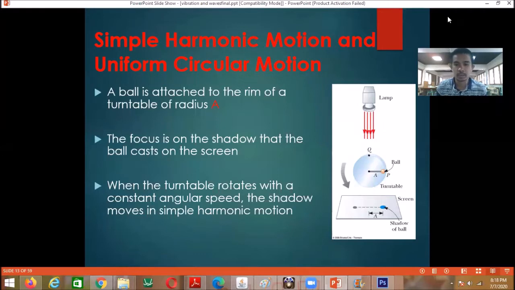So let us now proceed to simple harmonic motion and uniform circular motion, or how we will link simple harmonic motion to uniform circular motion.